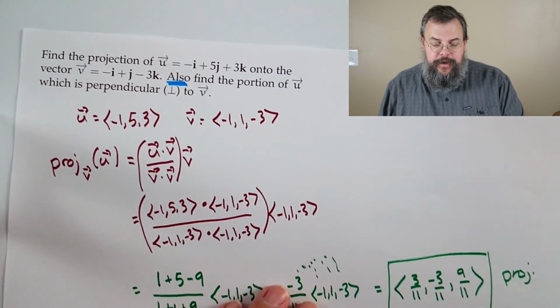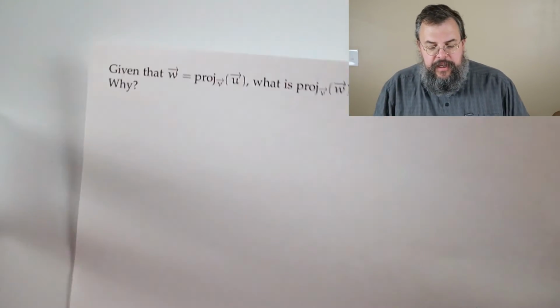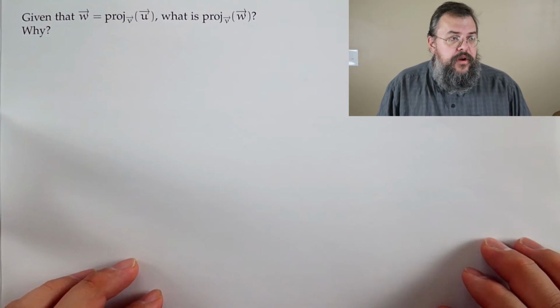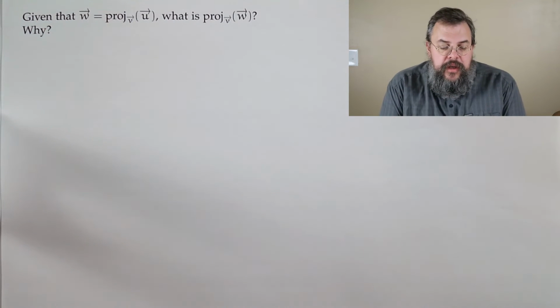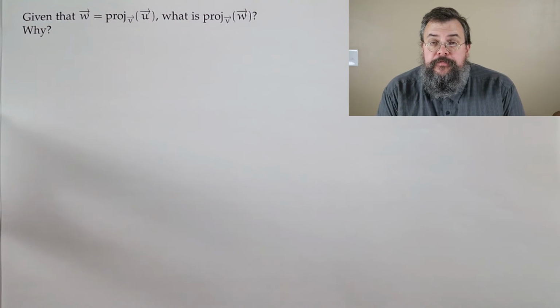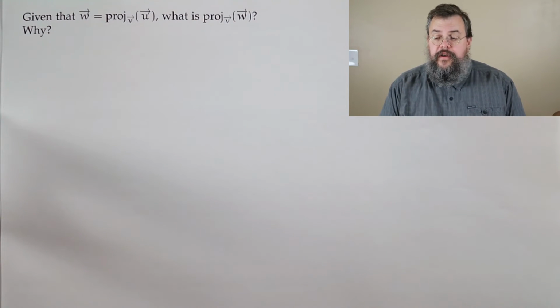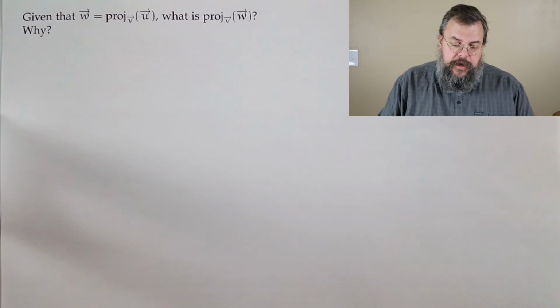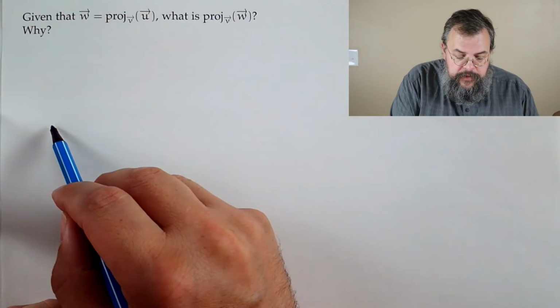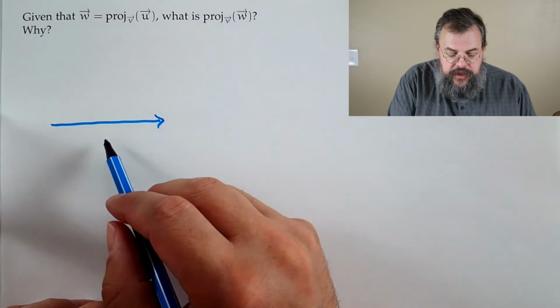All right, well, let's do one last problem. One last little cool down problem. Okay, so here we go. We have a vector w. W is the projection of u onto v. So what do we have? We have some vectors. We'll think of our basic picture.